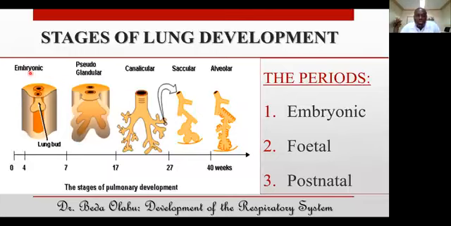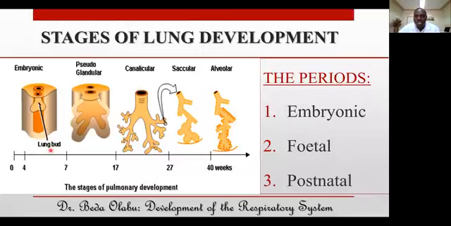During the embryonic stage of lung development, that is when the respiratory diverticulum forms from the ventral foregut. That means that an outgrowth from the ventral foregut appears. After it has grown out, it divides into these two knobs, which look like this. The right and the left bud, we call them the lung buds.